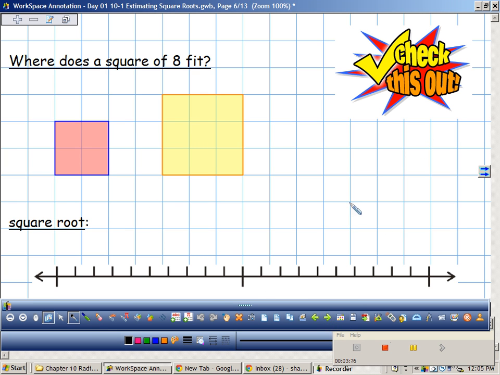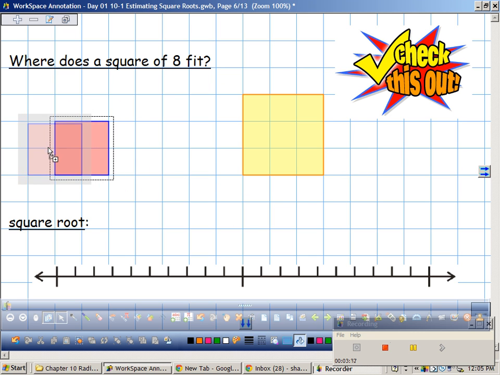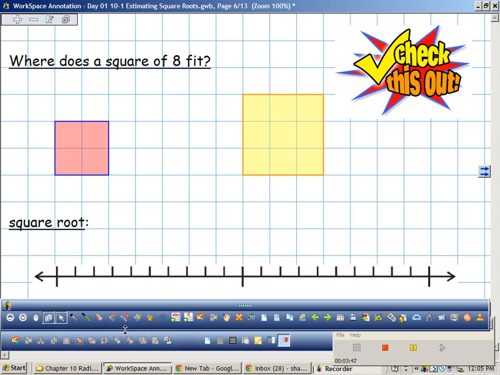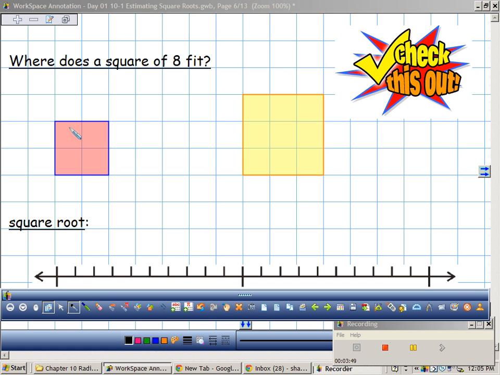So let's continue. Check this out. Where does a square of 8 fit? Move this over here. It's which one? The smaller one? Is a square of 8? How much is in here? 1, 2, 3, 4.